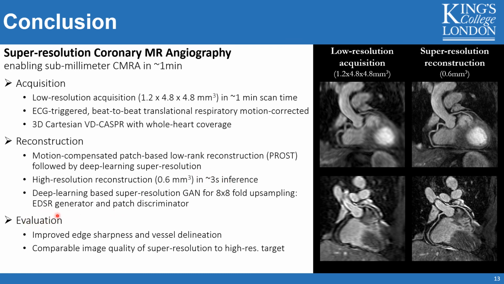We evaluated this proposed approach in the retrospectively and prospectively downsampled cases, and we found improved edge sharpness and vessel delineation and comparable image quality of the super resolution to the high resolution target.